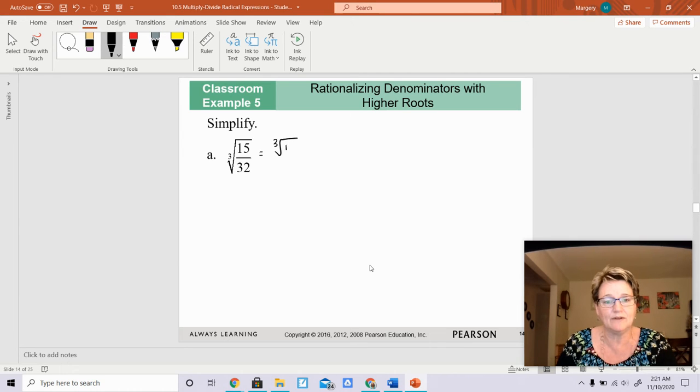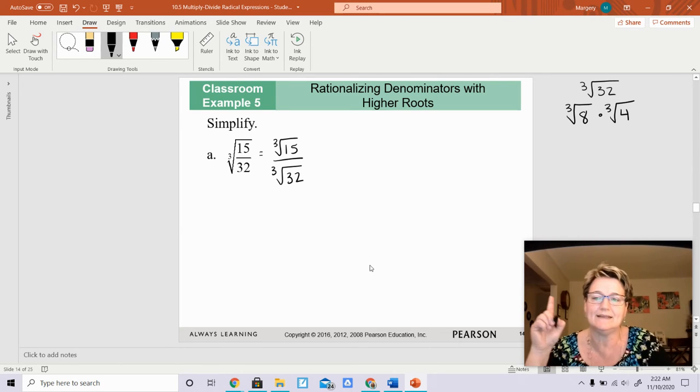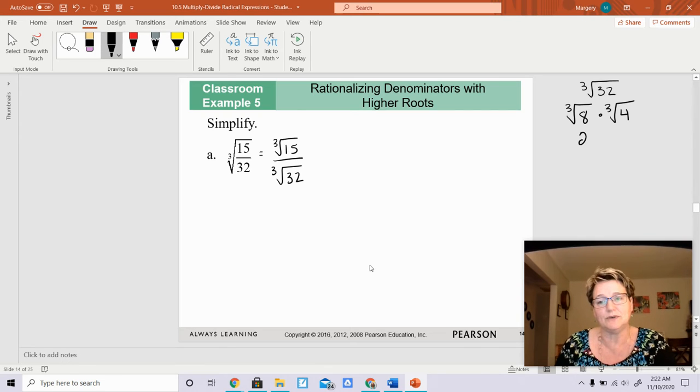This is the cube root of 15 over the cube root of 32. I personally know that the cube root of 32 is the same thing as the cube root of 8 times the cube root of 4, because 8 times 4 is 32. I know that the cube root of 8, because that's one of those special ones that you have to know, is 2.